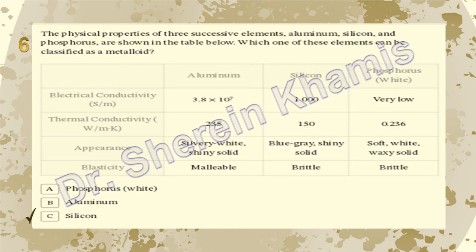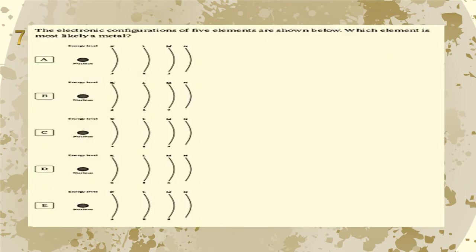Other properties are taken from non-metal: it's brittle or can be easily broken. So it has properties of both metals and non-metals, so we call it a metalloid or semi-metal.